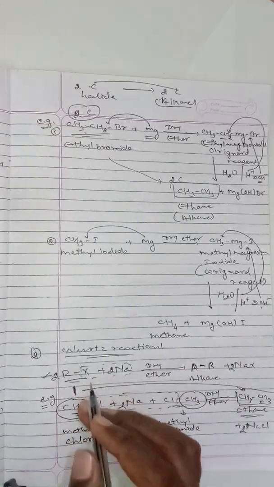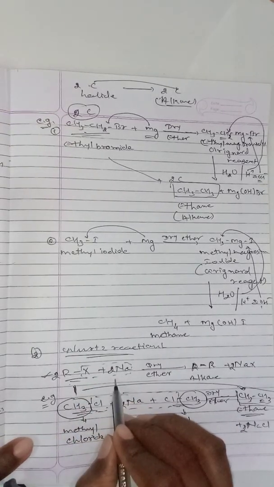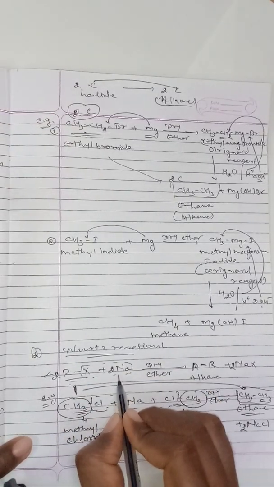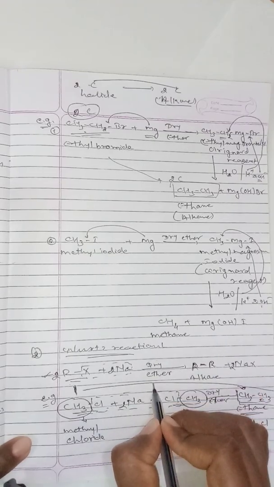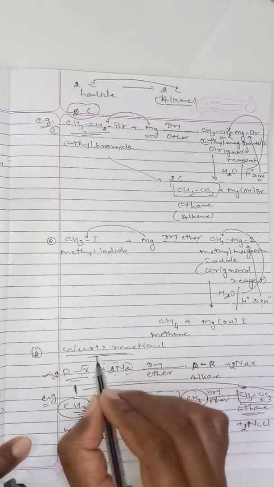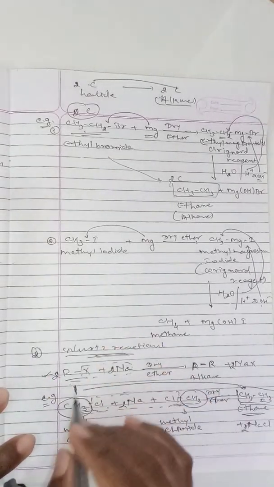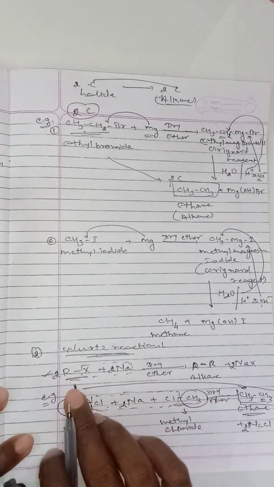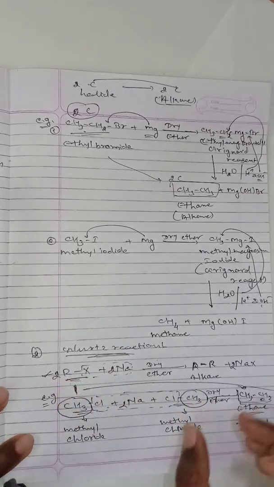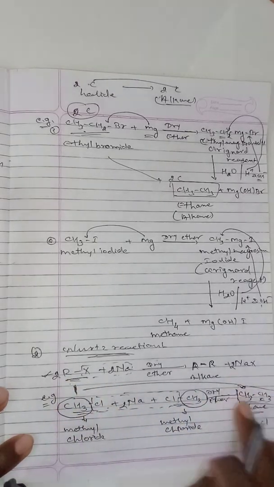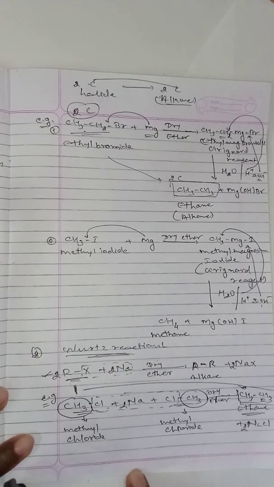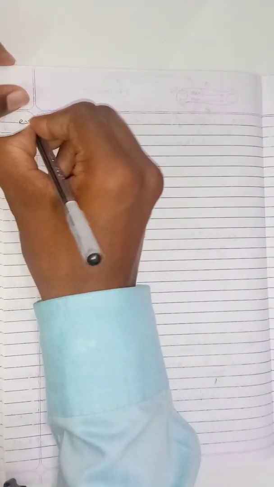Suppose alkyl halide reacts with sodium metal in presence of dry ether, Wurtz reaction is carried out. In Wurtz reaction, the main thing is double number of carbon is formed. Let's see an example.